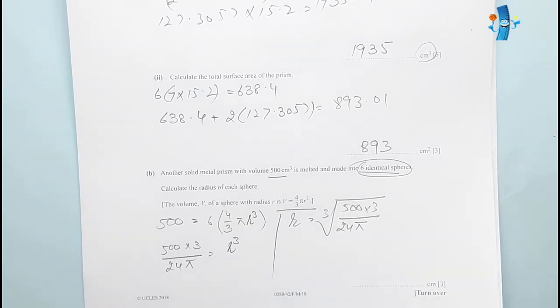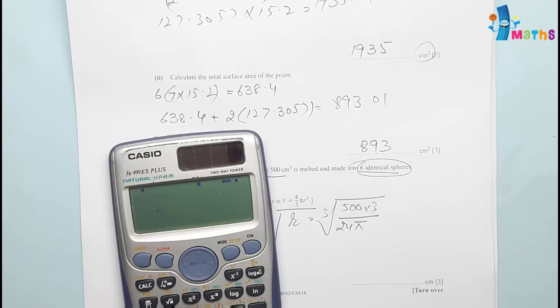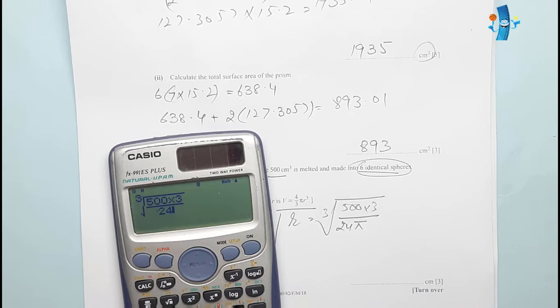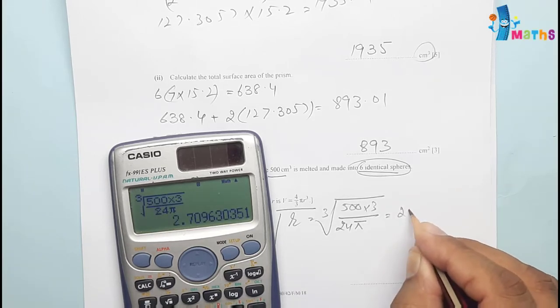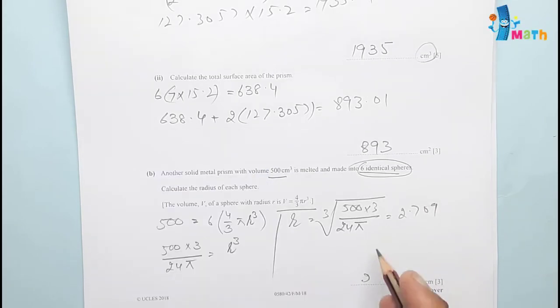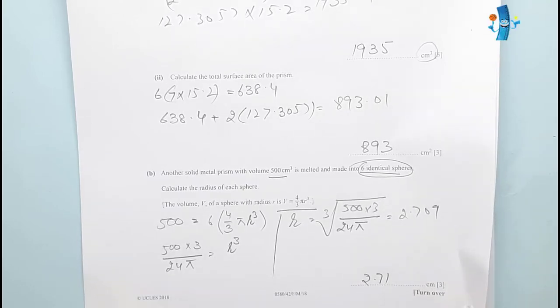If we check with the calculator, cube root of 500 multiplied by 3 divided by 24 pi will be equal to 2.709. So 2.71 will be the answer.